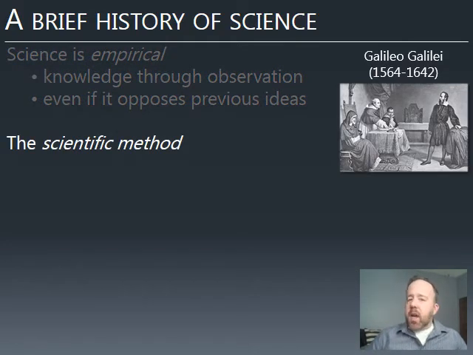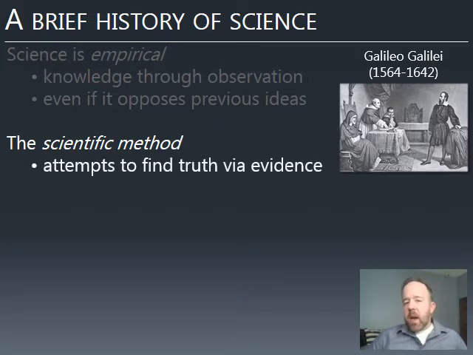So then, of course, there's the scientific method. And what does that involve? So the scientific method, again, is an empirical approach, and it attempts to find the truth, something about the way the universe works. Here we're obviously interested in people, how people work. But either way, trying to figure that out via evidence.